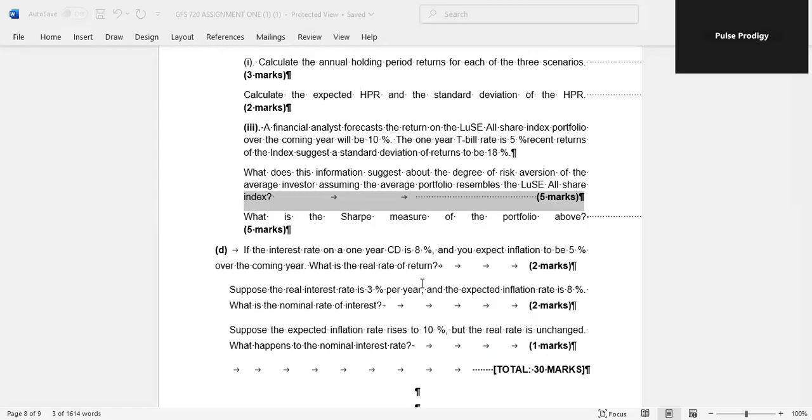So let's go back to the formula. So meaning that this 8% interest rate that has been given, that's the nominal rate. So you are taking down the question.